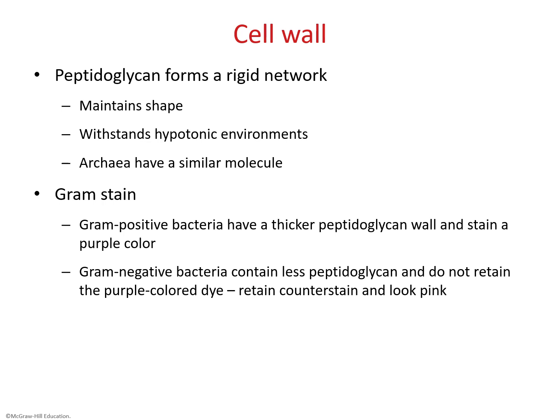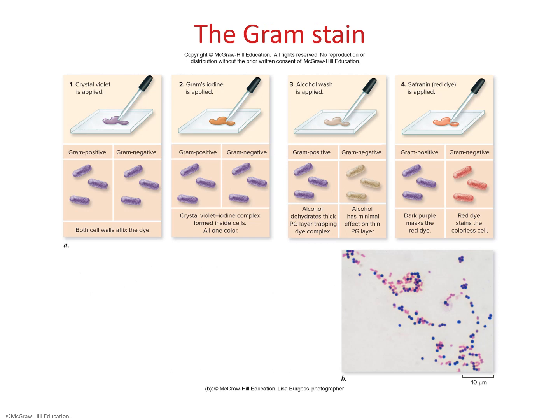So let's first look into the staining process and the principle of gram stain. First, you have to prepare a thin smear of bacteria and stain it with a primary dye called crystal violet. Both gram-positive and gram-negative bacteria will absorb this dye and become purple in color.